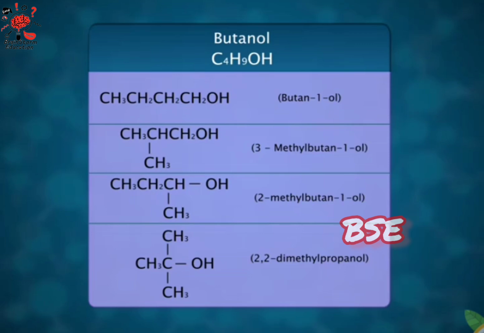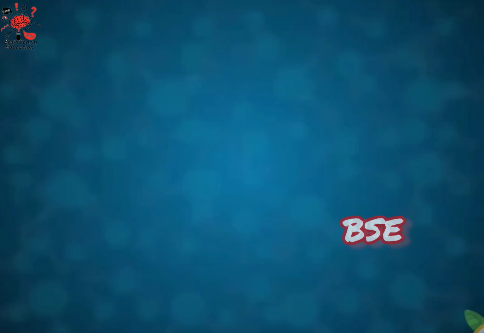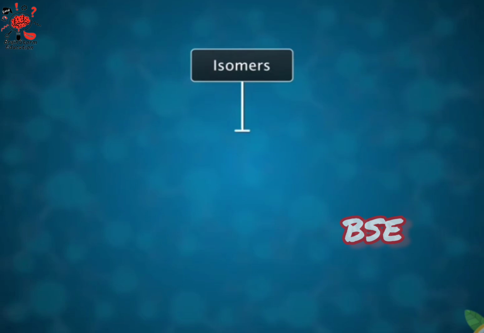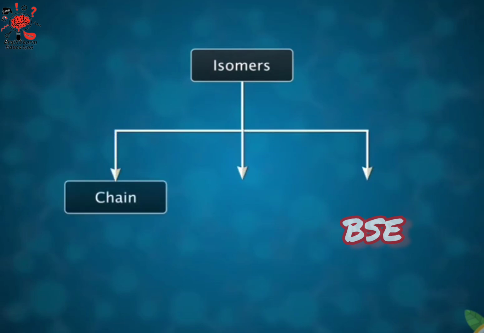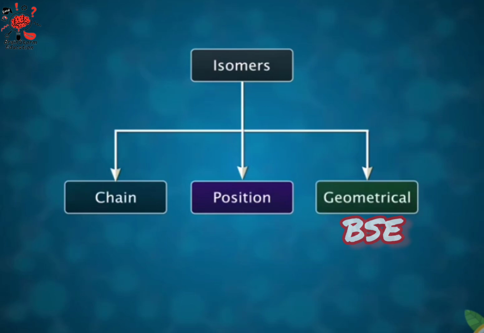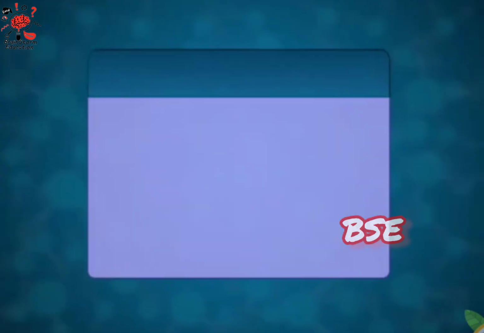Let's study how these isomers are classified. We can discuss three types of isomerism at this stage, namely chain, position, and geometrical isomerism. Isomers differing by the nature or by the length of the carbon chain are called chain isomers.